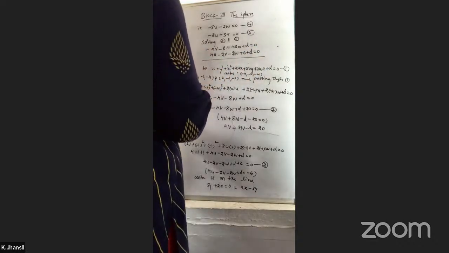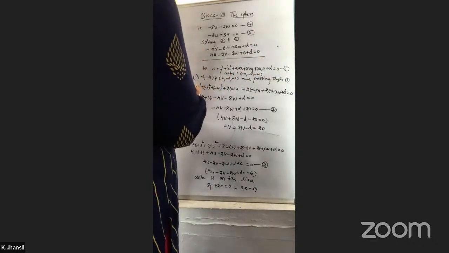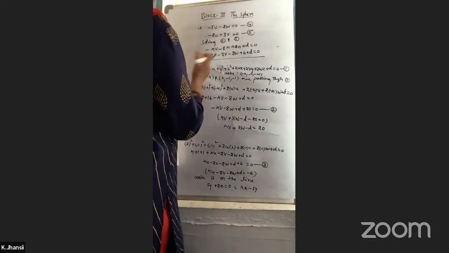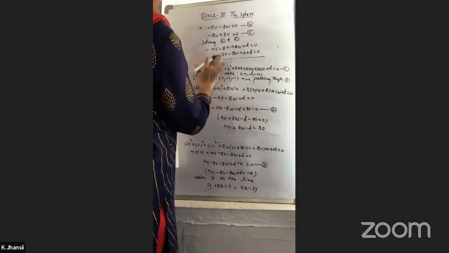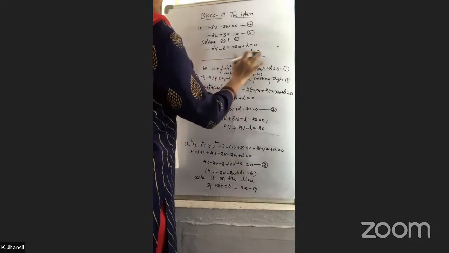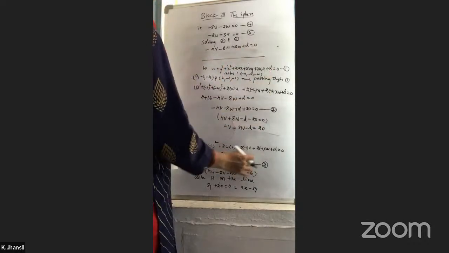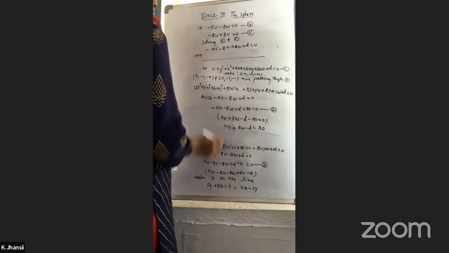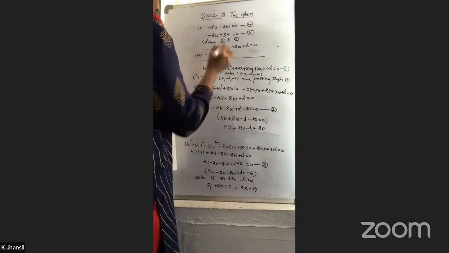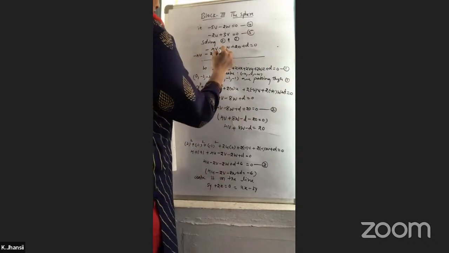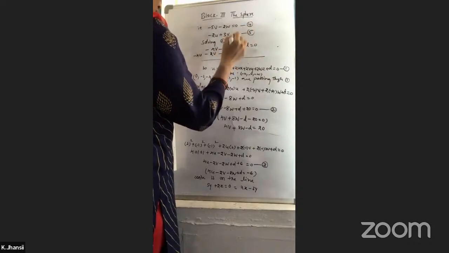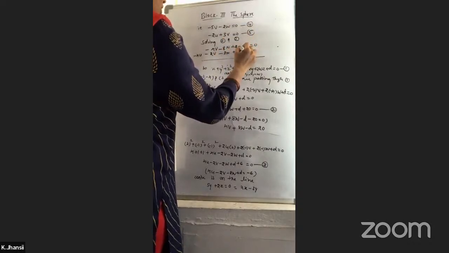So subtracting, what will you get from this one? You write in place of the same values. 4U, then V is 2V, next minus 2W plus 6 plus D.